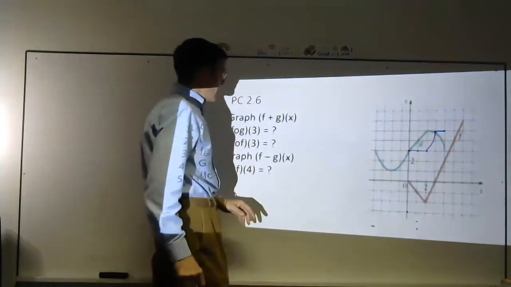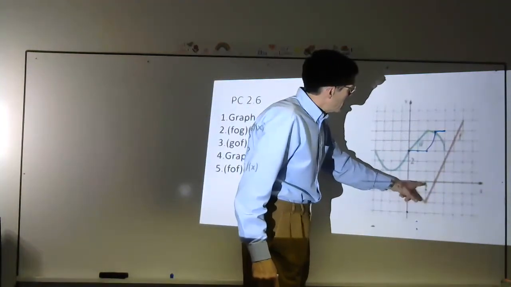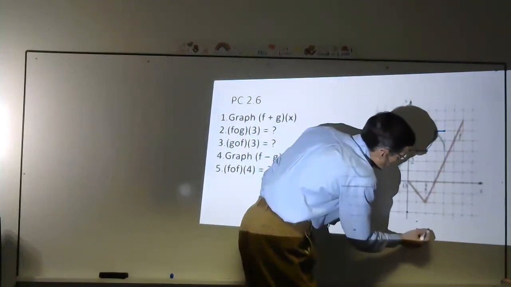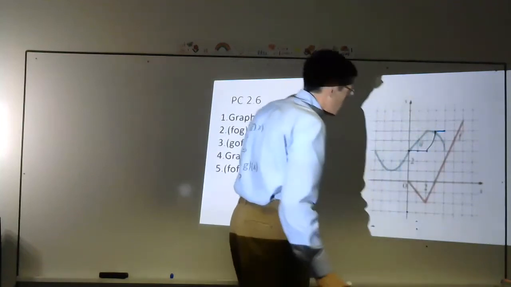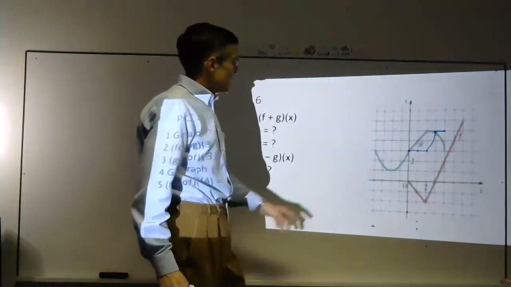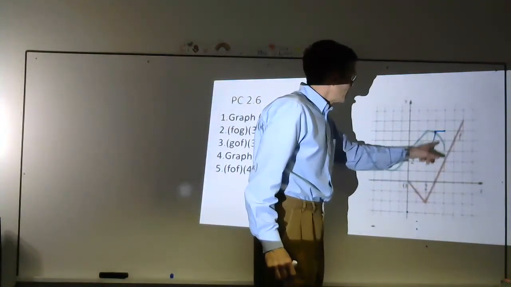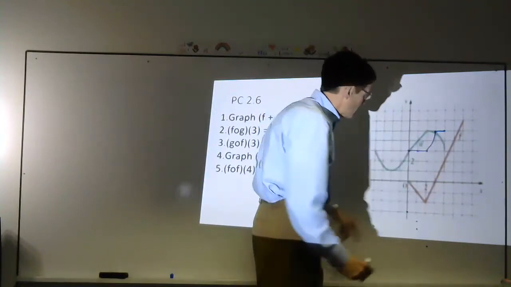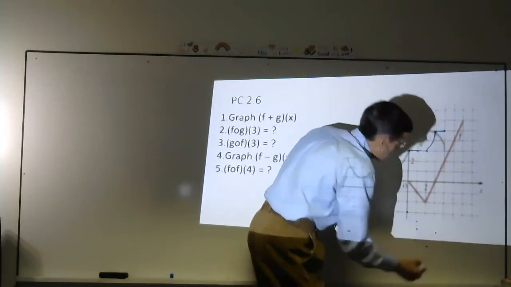Okay? Negative 2 minus 5 is negative 7, which is way, way down here. Then at 3 is 0 minus, it looks like pretty close to 5. So 0 minus 5, we're back up to negative 5, which is right here.